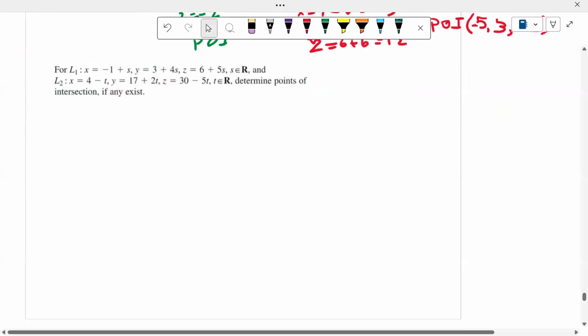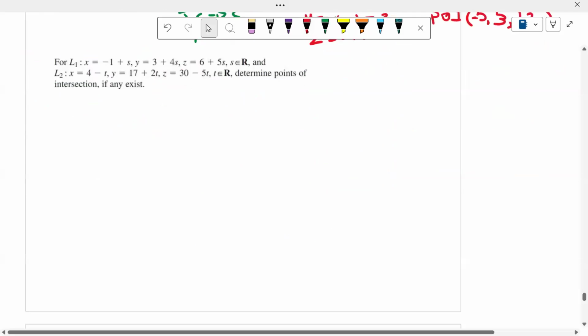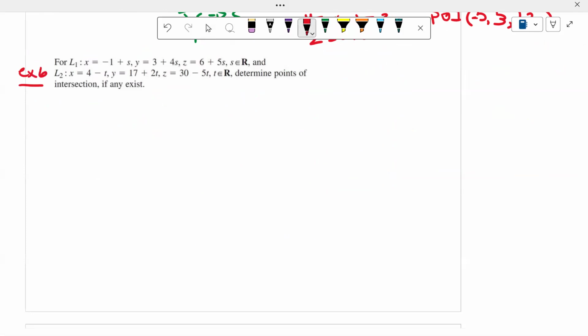Let's look at example 6 of Nelson. So it's the same thing. It says determine the point of intersection if it exists. So the first thing I'm going to do, I'm going to say m1 is equal to k m2 to see if they're parallel.